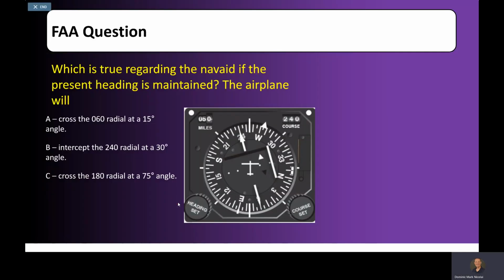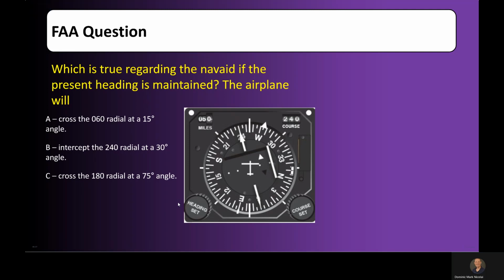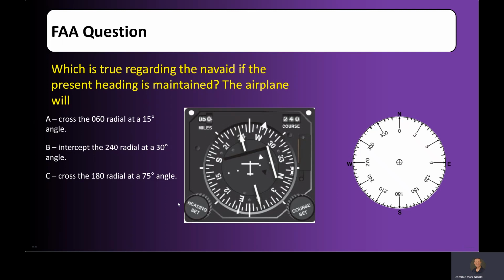Let's walk through an FAA style question. Which is true regarding the nav aid if the present heading is maintained. Before I even look at my answer choices, my first step is always going to be plot the position of the aircraft. Then I can see which one of these will be true. Okay. I'll get my compass rose out, and I see that they put in there course 240 to the station.